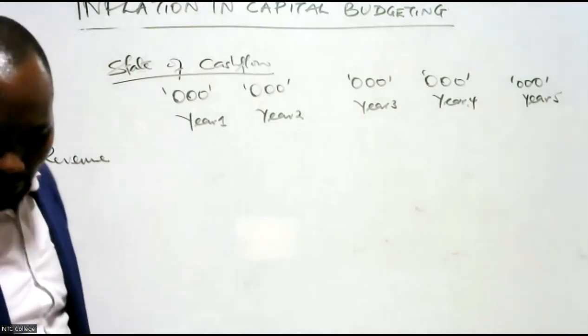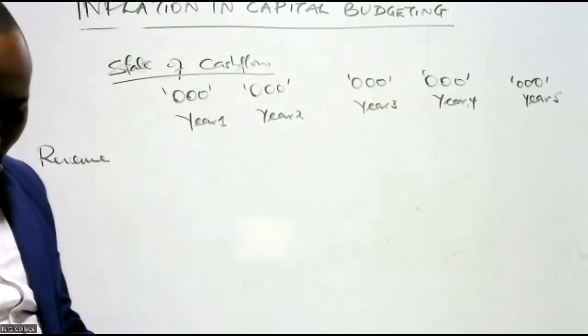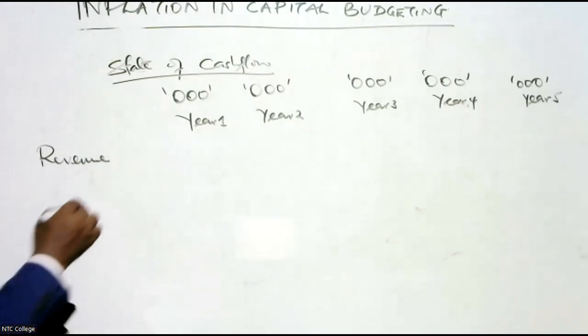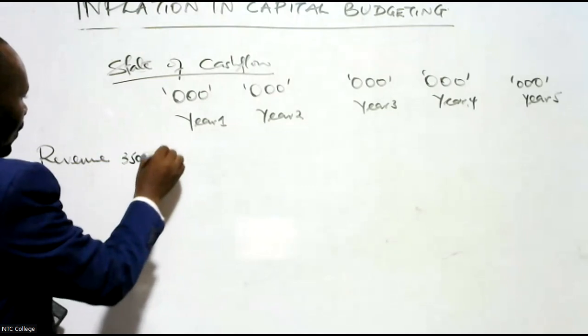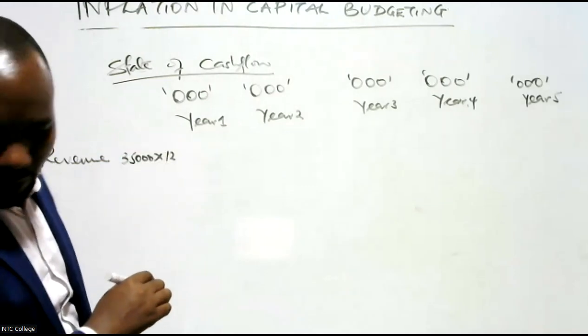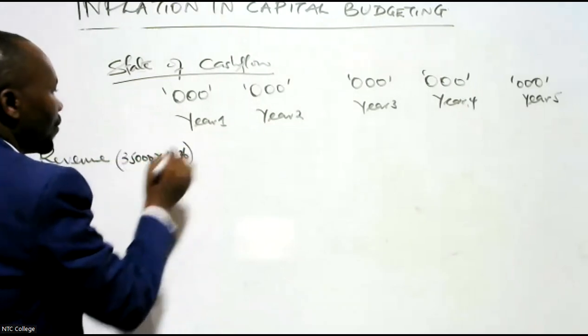What is the price for year one times the quantity? Quantity was 35,000 times 12.36. So what are you getting as a revenue for year one?